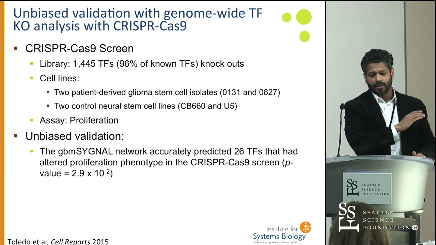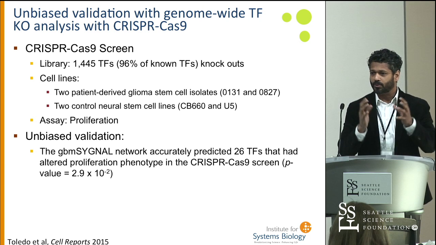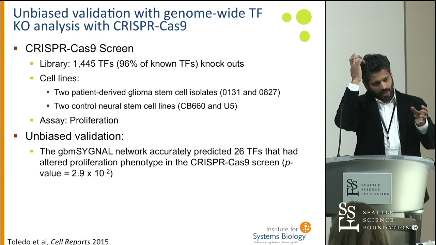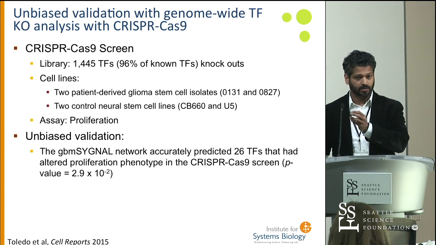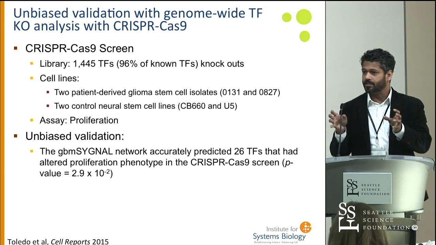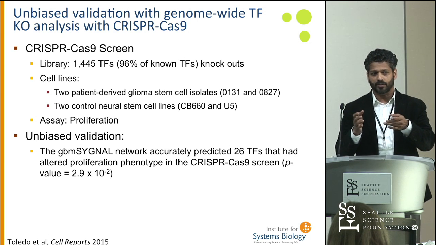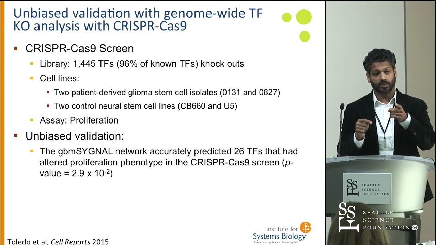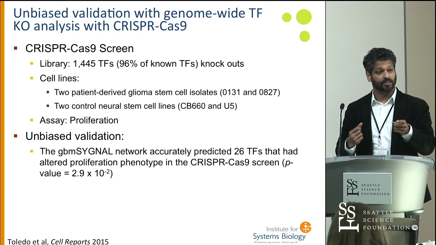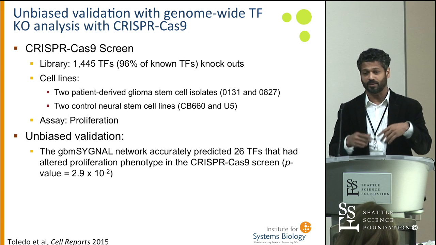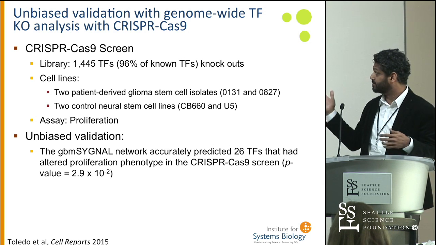And he knocked out all of the known 1,000 human transcription factors, pulled them together in patient-derived glioma cell lines and in normal neuronal stem cell lines, and asked if we were to now proliferate these cells, could we find perturbed behaviors when the specific transcription factor associated with glioblastoma is deleted? And then we asked, did our network make a good, accurate prediction? We did not use that data, but independently, were we right? And the answer is we were quite right.